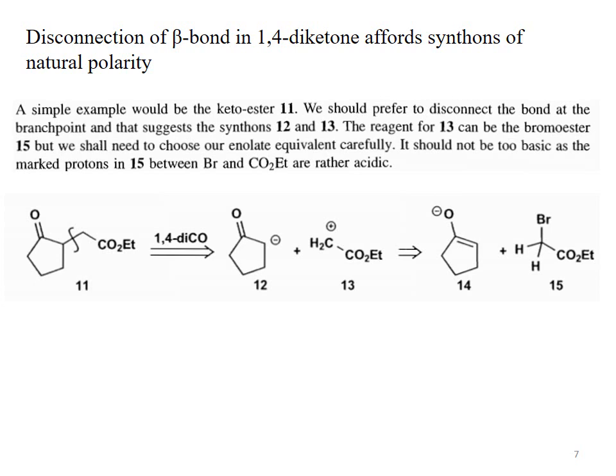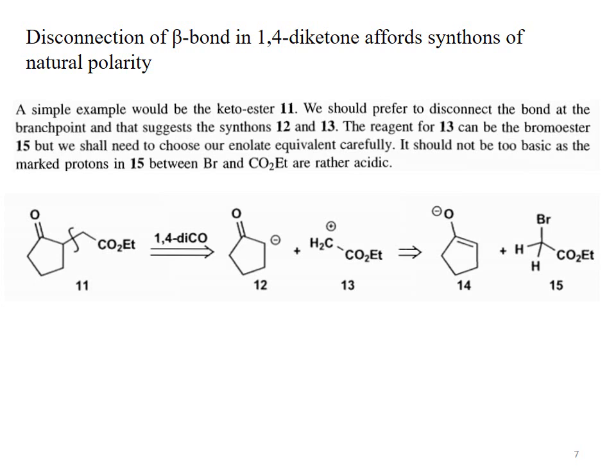these acidic protons from compound 15, and it will not attack at the alpha carbon; it will not act as a nucleophile. If this enolate is more basic, then it works as a base rather than as a nucleophile.